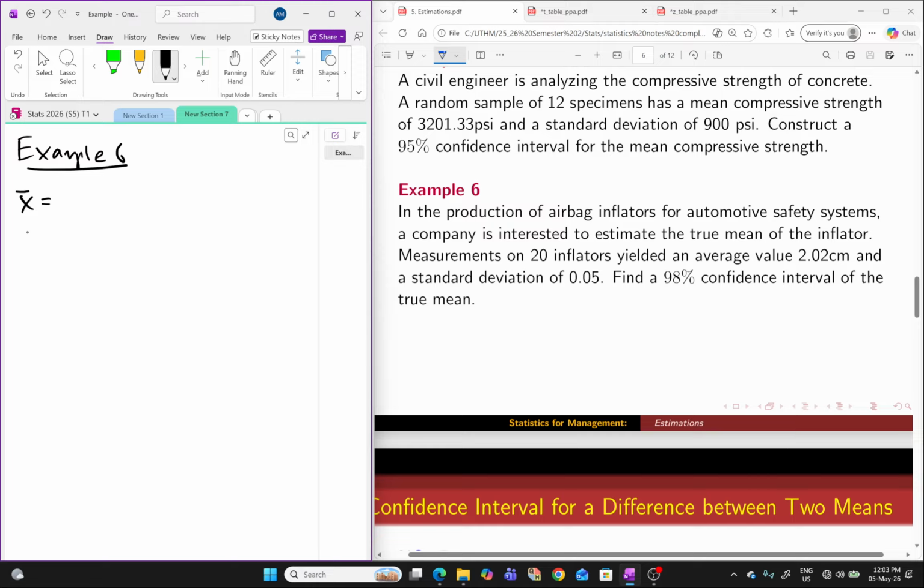Mean, standard deviation, sample size, alpha over 2.